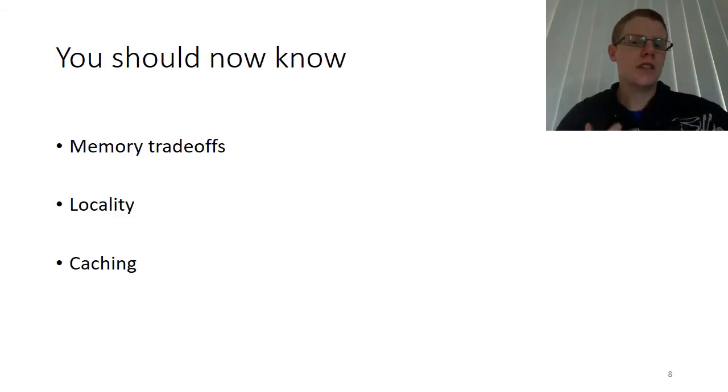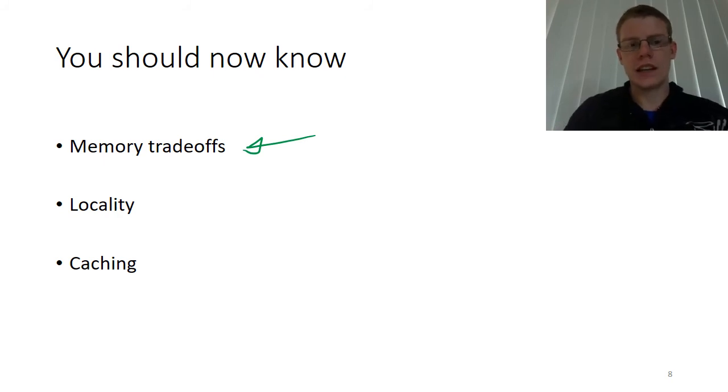So this video is just meant to give us a very brief overlook of some concepts related to memory that will be important for the rest of this course. So we discussed the fact that there are fundamental trade-offs between speed, size, and cost of memory.